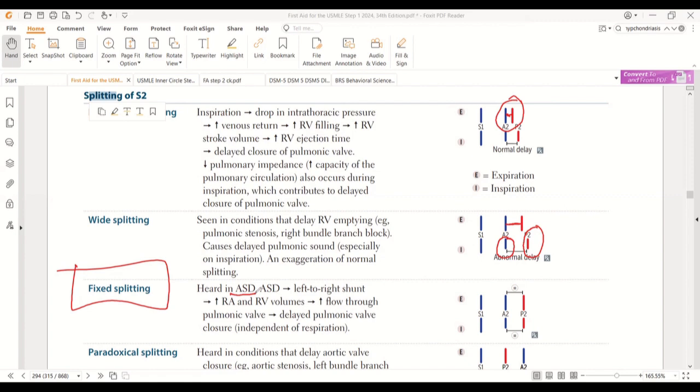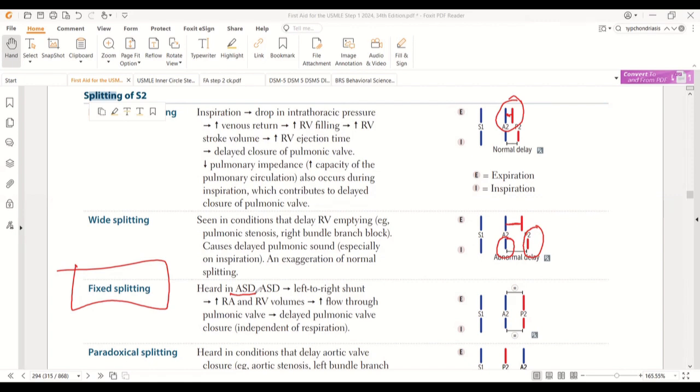So fixed splitting takes place in atrial septal defect. Atrial septal defect is an important thing because it is an overlap of embryology with pathology, right?